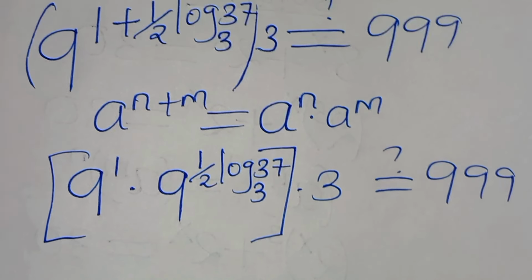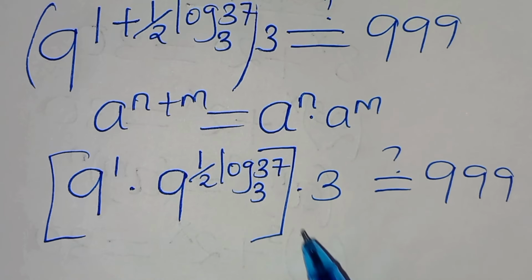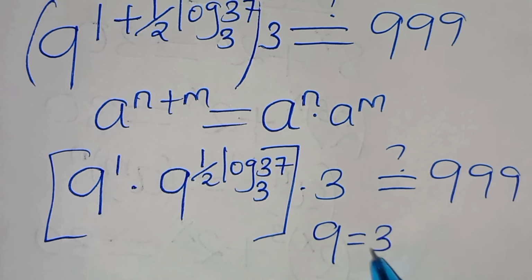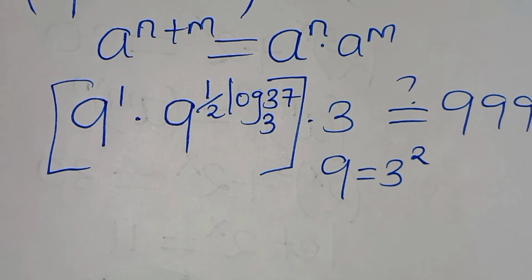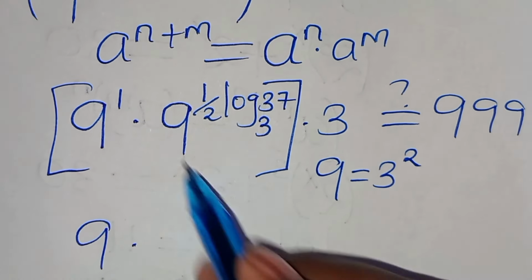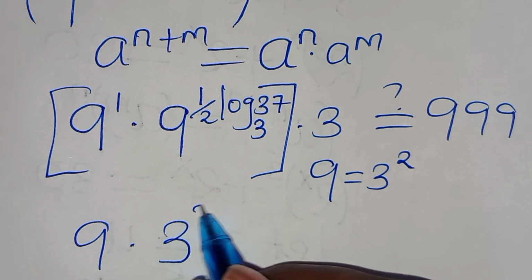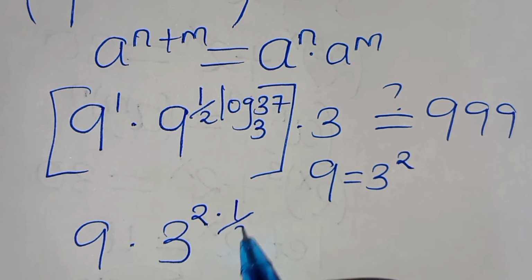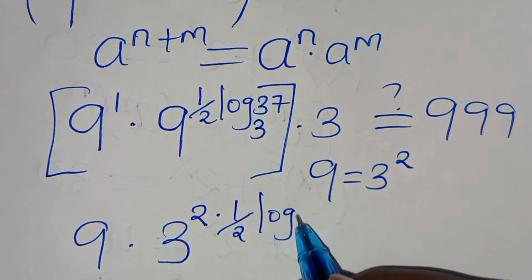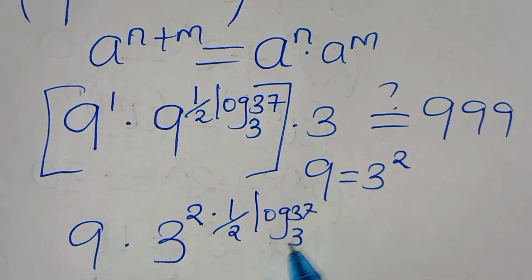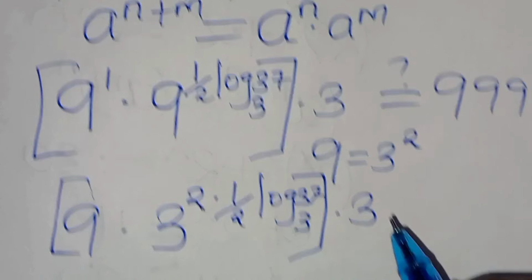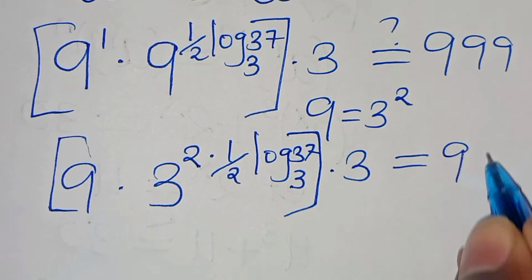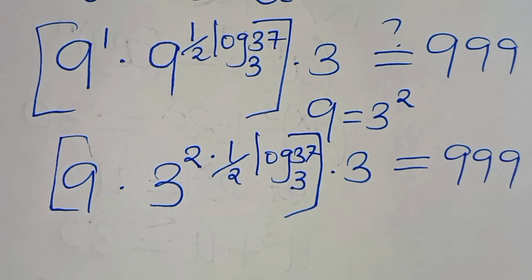So the next step from here, we find that we can express 9 as 3 to the power of 2. So this implies that here we have 9 times, now here we have 3 to the power of 2 times half. This is log 37 to base 3. Then everything here multiplied by 3. This should give us a value of 999.